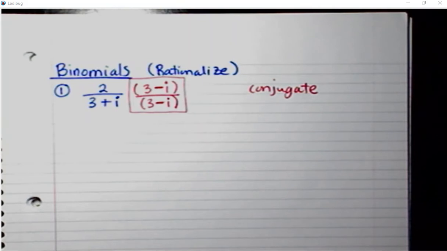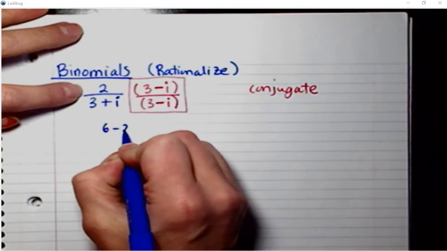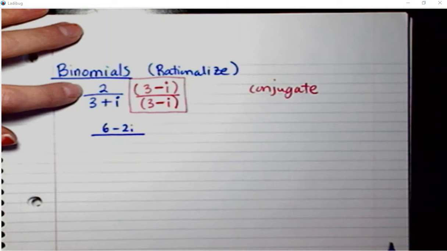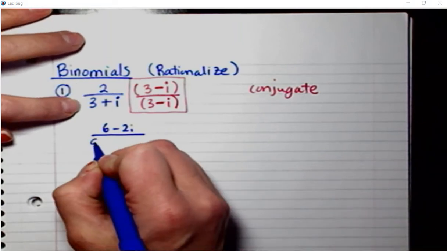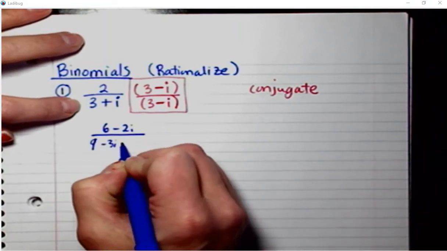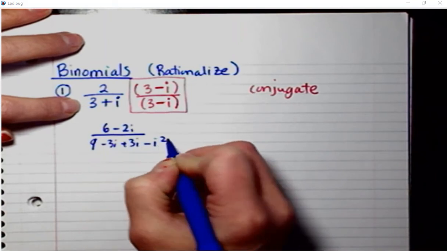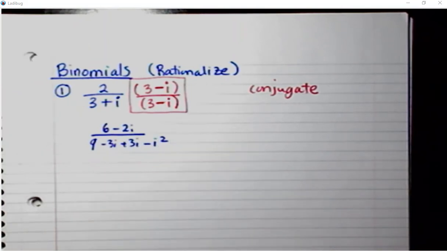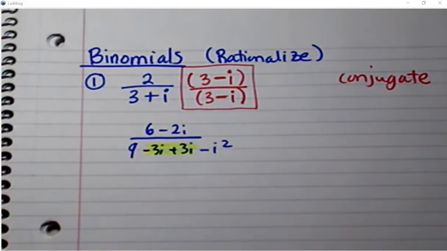And now I'm just going to multiply straight across the top, straight across the bottom. 6 minus 2i. I guess I could FOIL here. First, outer, inner, last. Zoom that in for you. Canceled out.